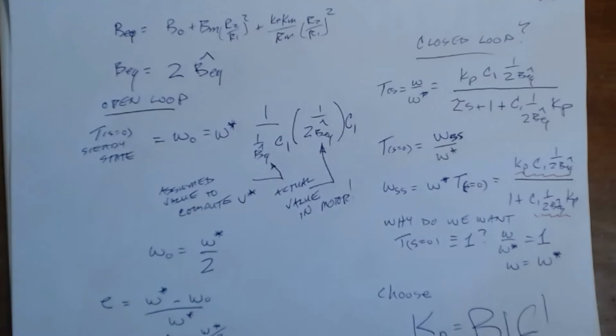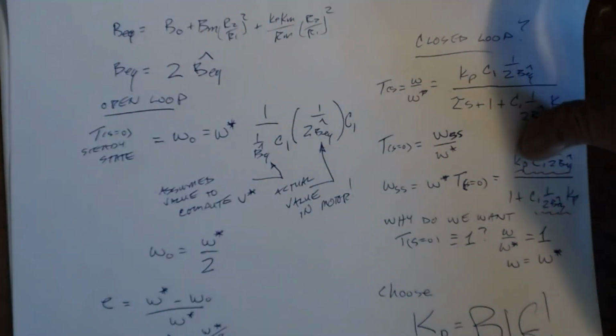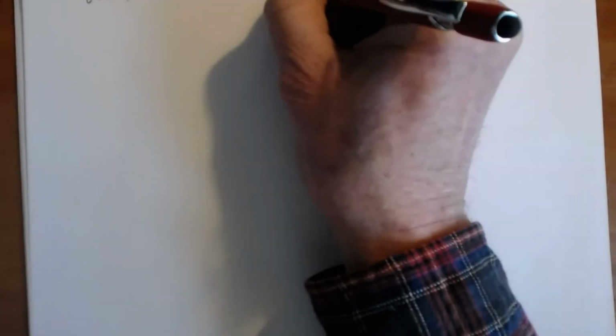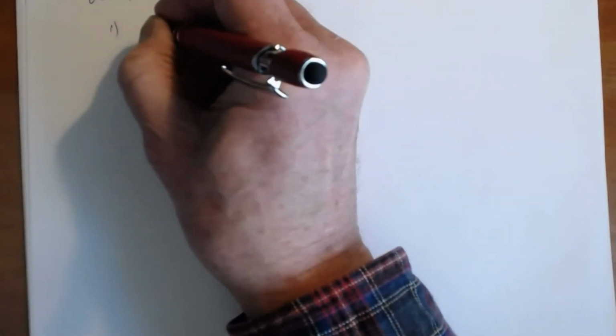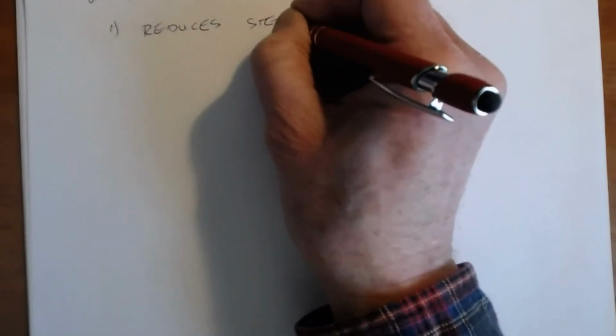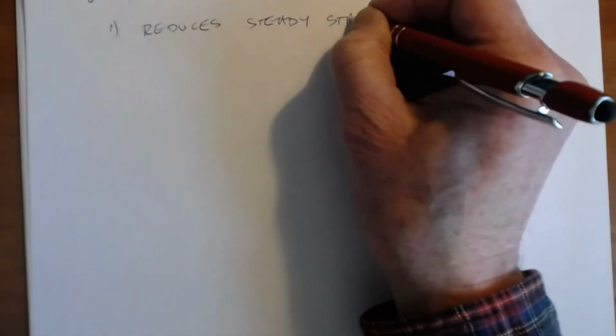Okay, so what have we learned here? What we've learned is, and this is going to be on the exam, so this is something that you want to remember all the time. Why use feedback control? 1, it reduces steady state error.